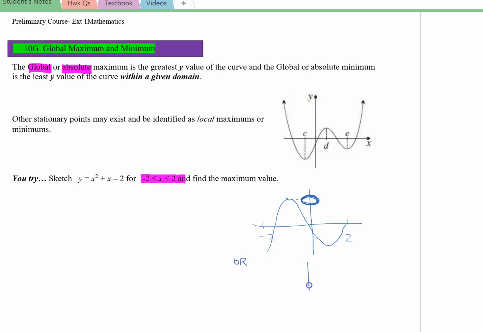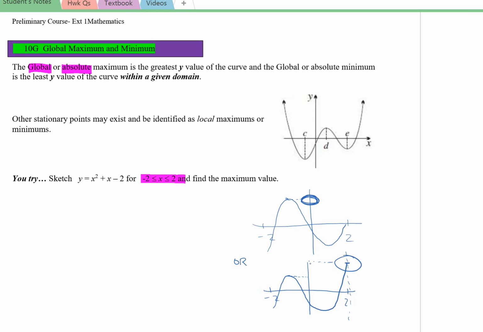Or you might have this situation where this is again -2 to 2, and your graph did this, but then it did that. So here at 2, the graph actually got that high, which is higher than this maximum value. This is now called a local maximum. And over this domain, this y value becomes your global maximum.